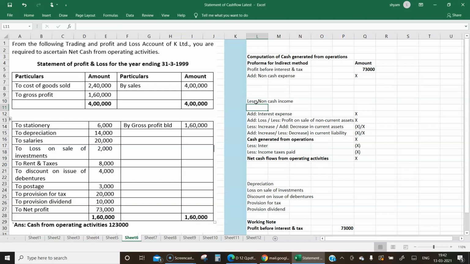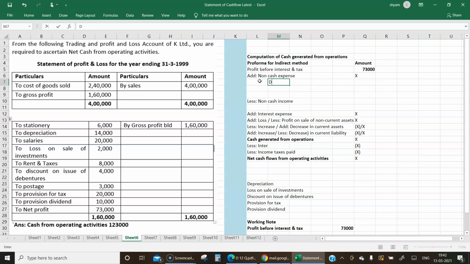So we'll start from the list, from the top. Stationery is an operating expense, so don't worry. Depreciation is the first item, so we'll put it here.